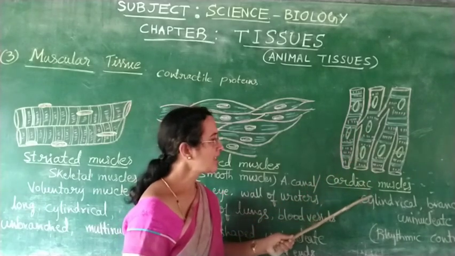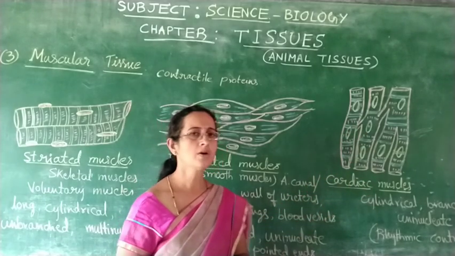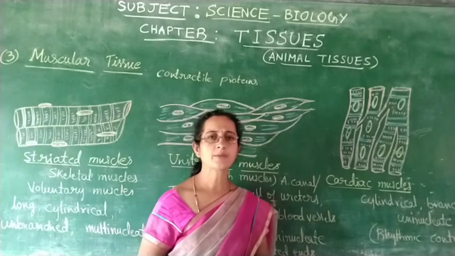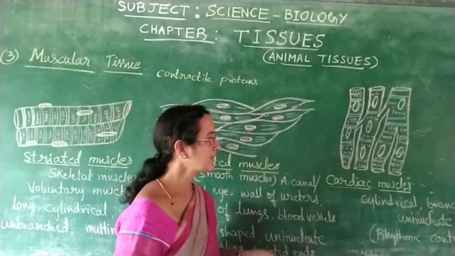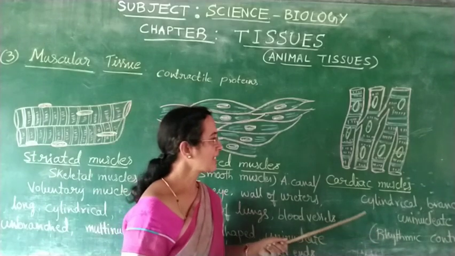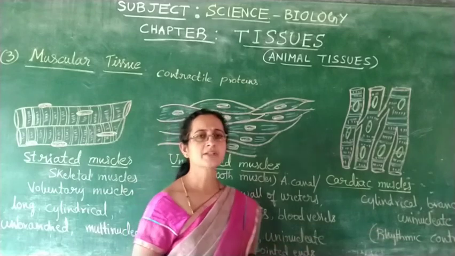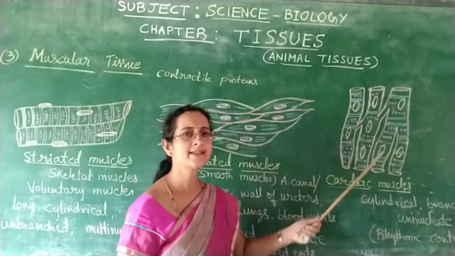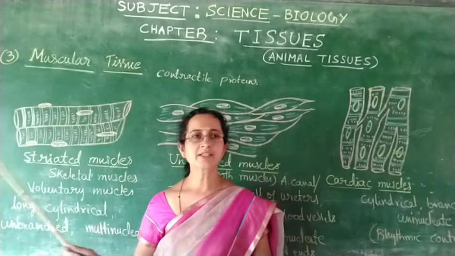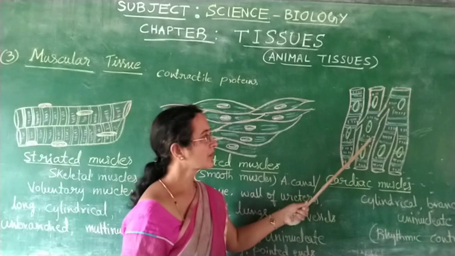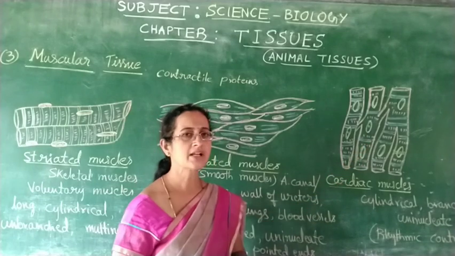And these cardiac muscles do not undergo fatigue. Not undergoing fatigue means they do not get tired easily. What are the characteristic features of cardiac muscles? They show branches. Although they have striations like the skeletal muscles, they show branches here, and that is one special character.